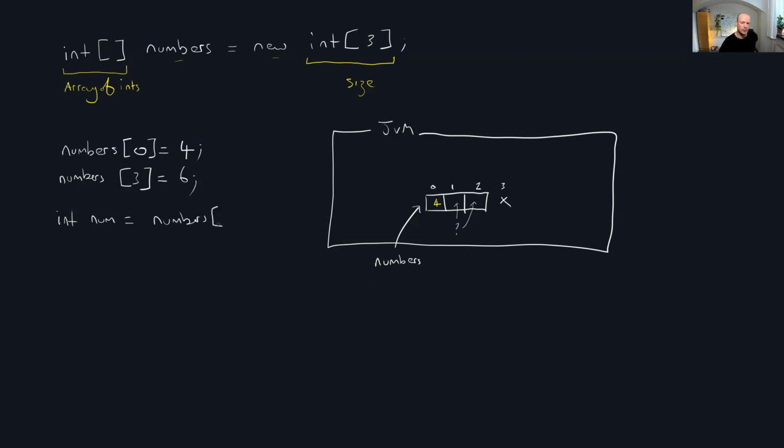So to access something, I just say, well, give me the second element. Does anyone know what the value of num is going to be? Johan thinks it might be null. Any other ideas? Jorgis thinks it's going to be 0.